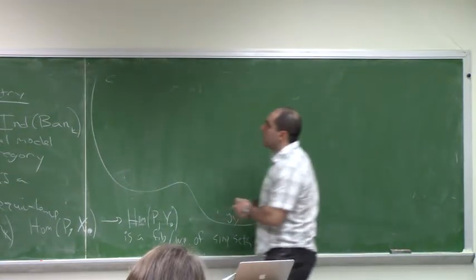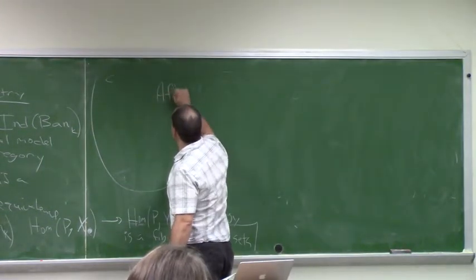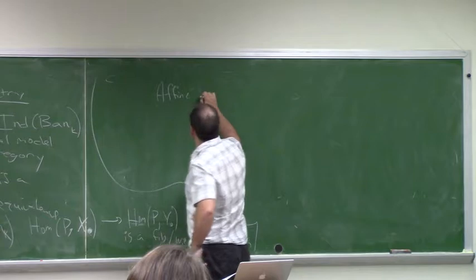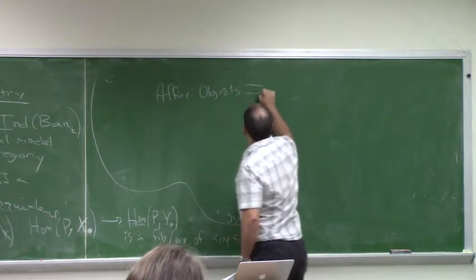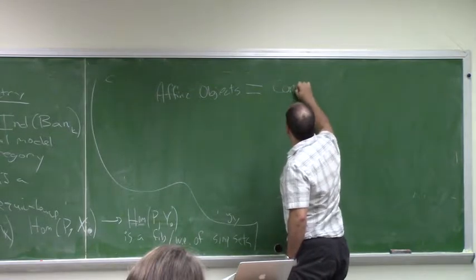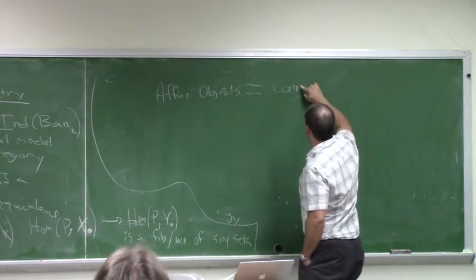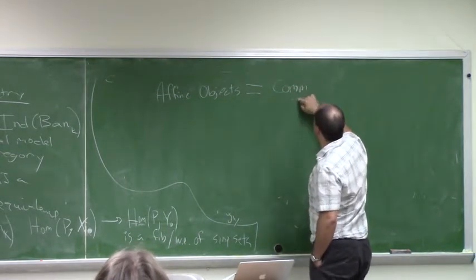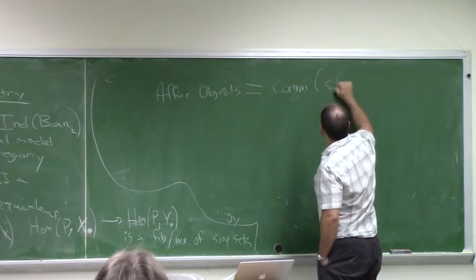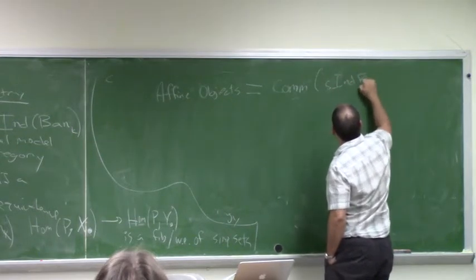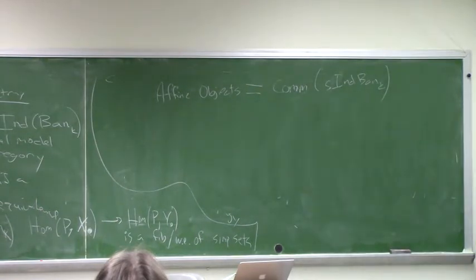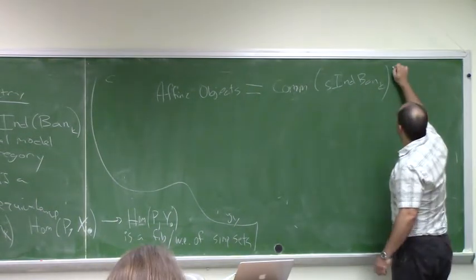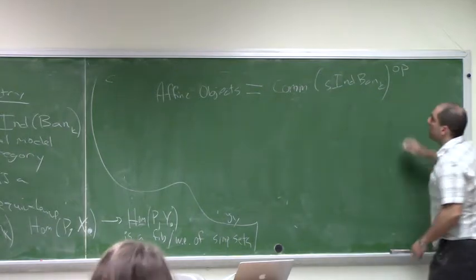So for the affine objects in this flavor of derived analytic geometry, I'm going to take the strictly commutative algebras in the simplicial bornological spaces, and take the opposite category.